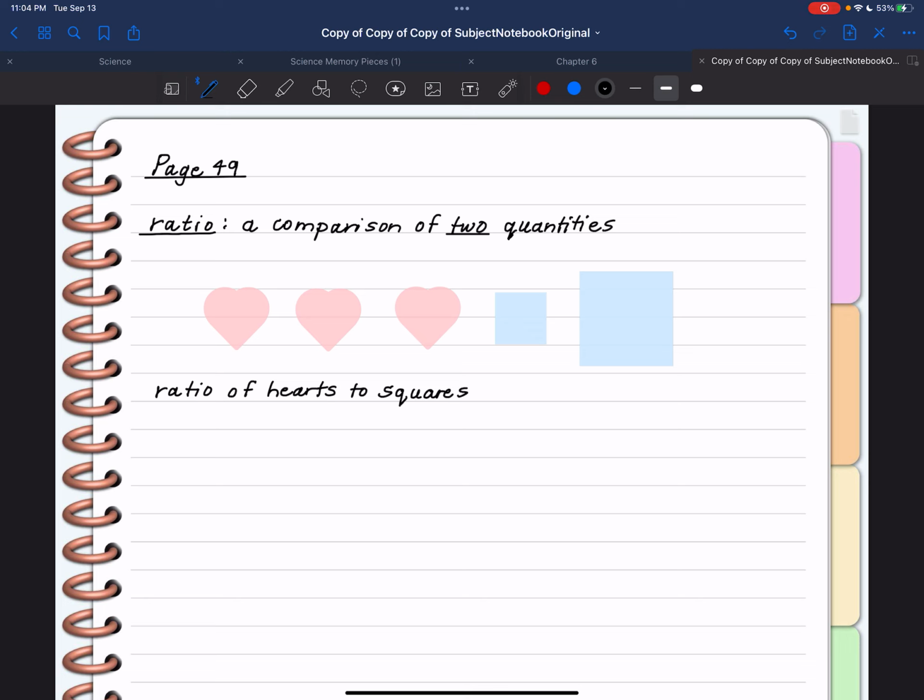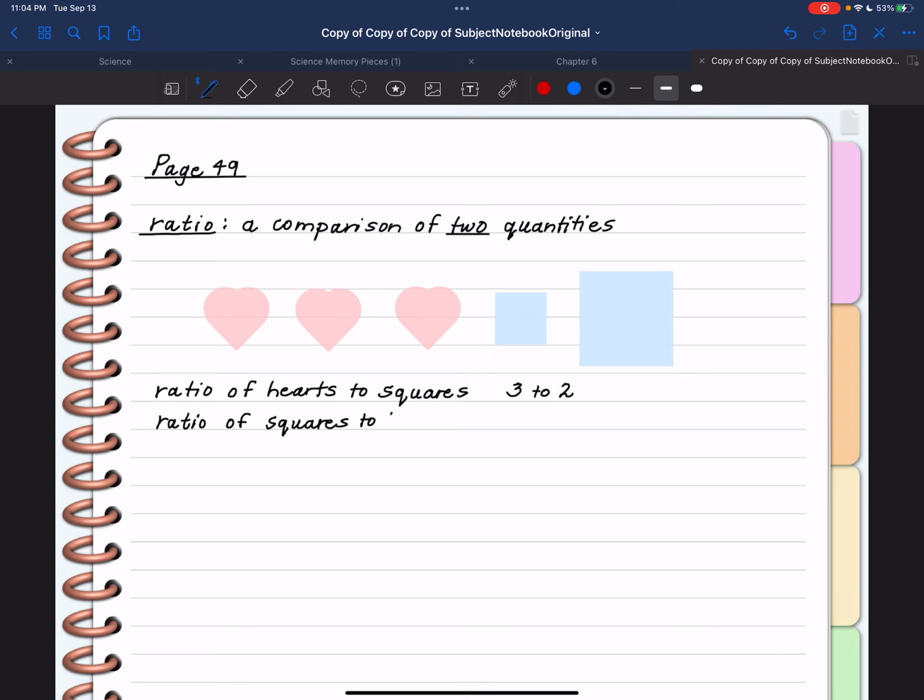Okay, so I'm going to count the number of hearts, and there are 3 of them. And then I'll count the number of squares. There are 2 of them. So the ratio of hearts to squares is 3 to 2. What if I asked you for the ratio of squares to hearts?